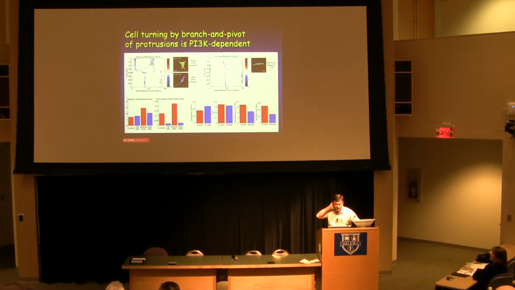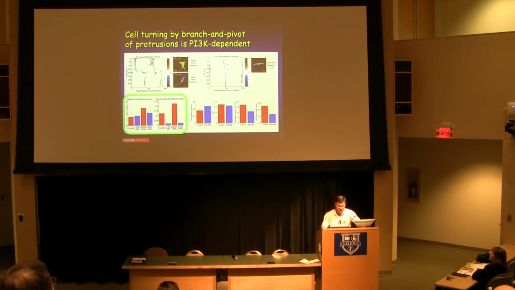Okay, so what is PI3 kinase signaling doing in this process? Well, what we did was we used both a pharmacological inhibitor and also a dominant negative construct. And both pretty much do the same thing. They prevent branching. In the case of the inhibitor, it stops branching in its tracks.